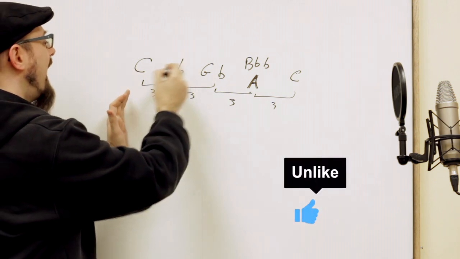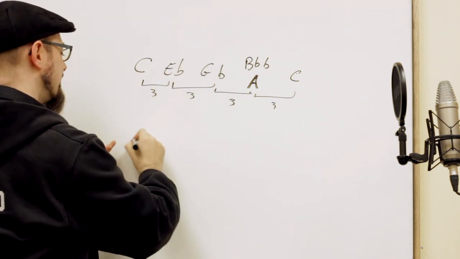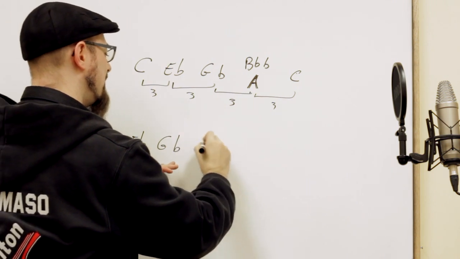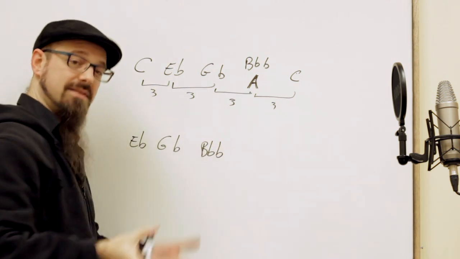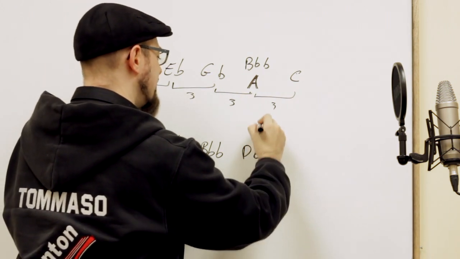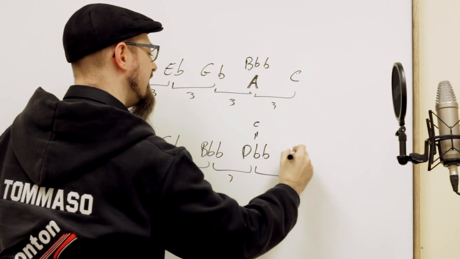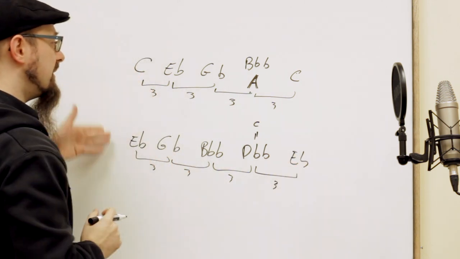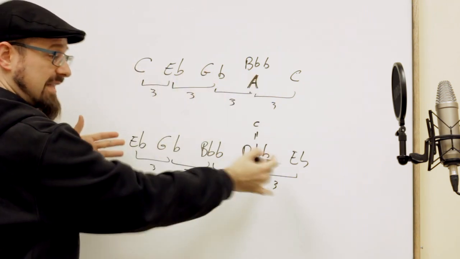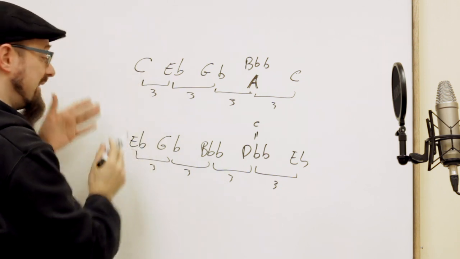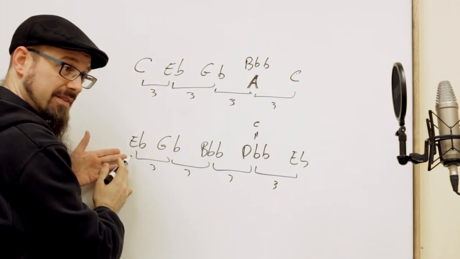If now I put the E flat at the base, and I write E flat, G flat, B double flat, and at this point some nitpickers will ask me to write a D double flat rather than C, which is the same, E flat, okay, which means those two chords are the same chord, they have the same notes, but this is C diminished 7, this is E flat diminished 7.